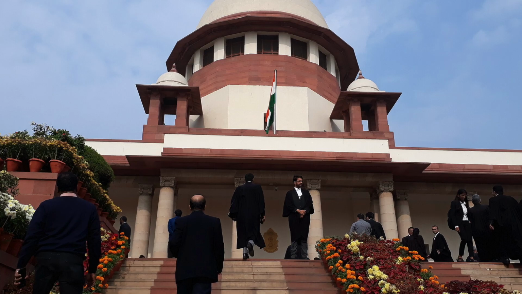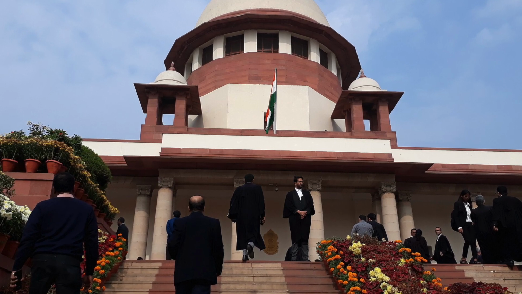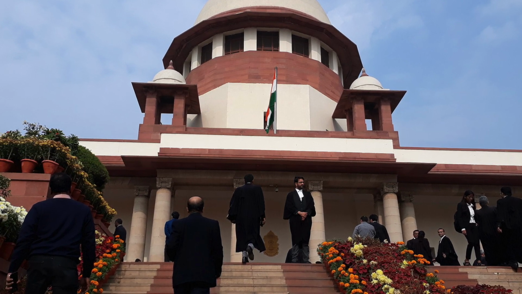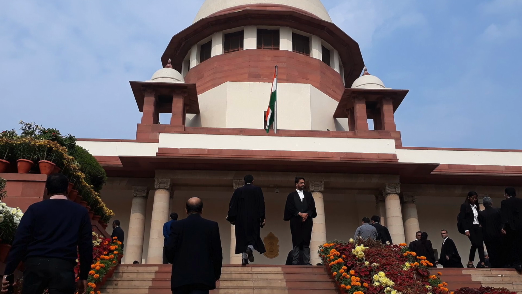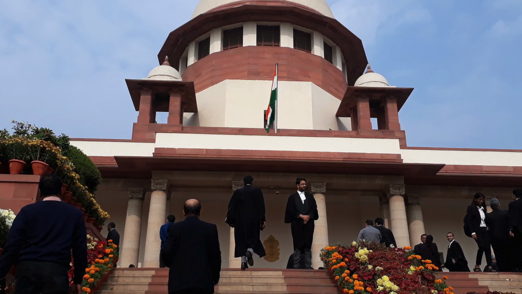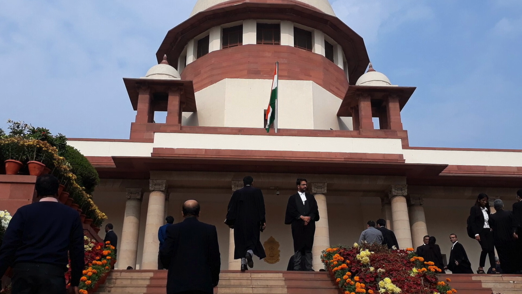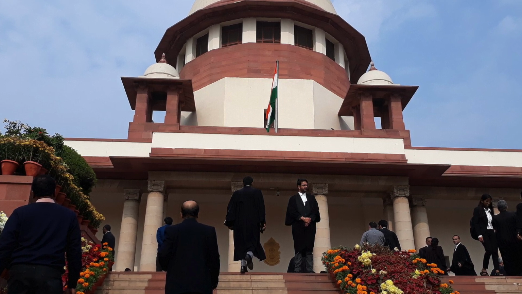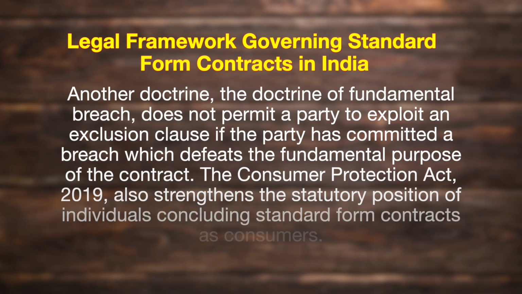The rule of contra proferentem, a settled rule of contract interpretation, is used to interpret ambiguous terms against the interest of the party who has drafted the contract, usually the strong party. Another doctrine, the doctrine of fundamental breach, does not permit a party to exploit an exclusion clause if the party has committed a breach which defeats the fundamental purpose of the contract.